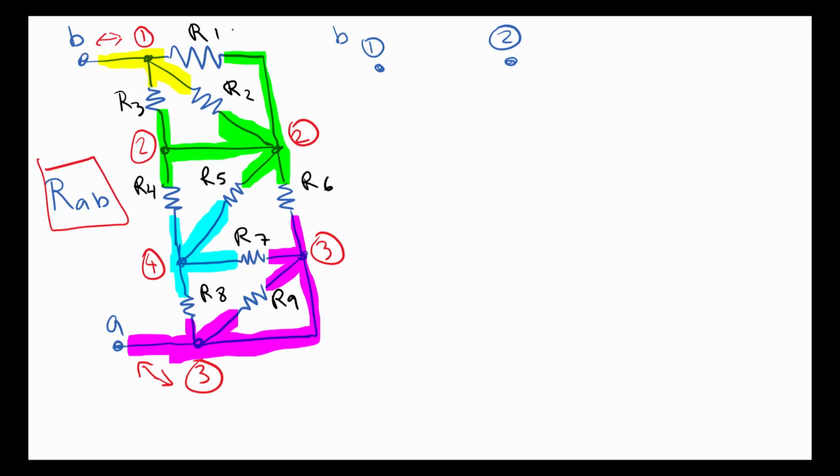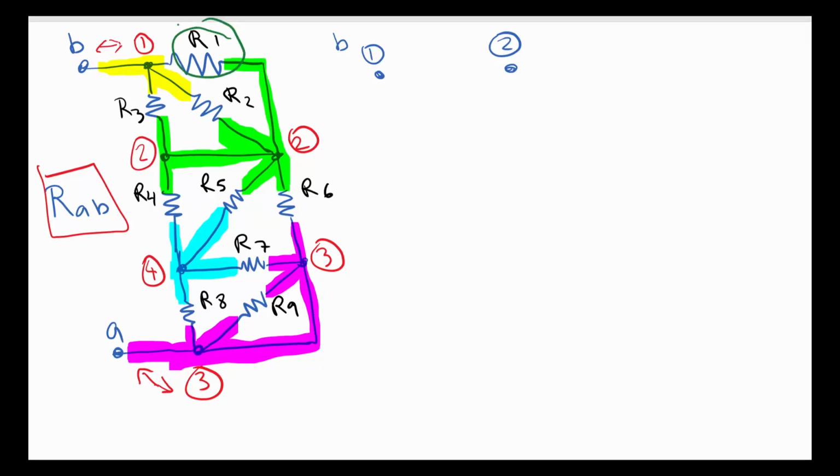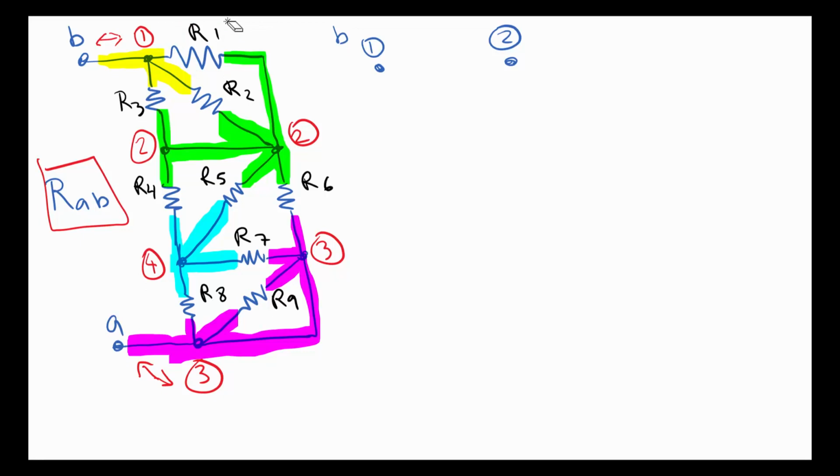Let's look at R1. We have R1 here, and it's connected between node 1 and node 2. So let us draw that, and let's go in blue. So we've got an R1 between node 1 and node 2. Let's just cross out R1 so that we know we've done it.